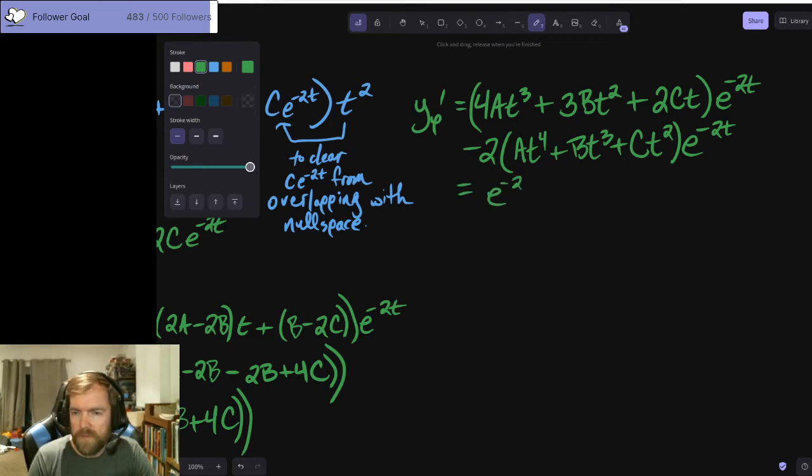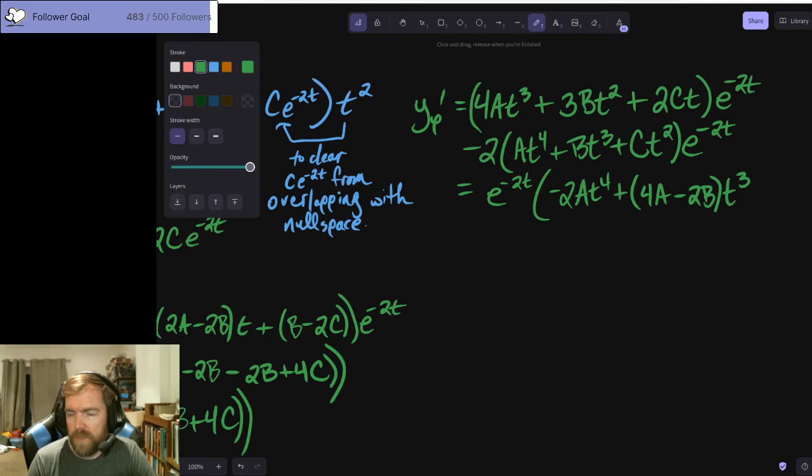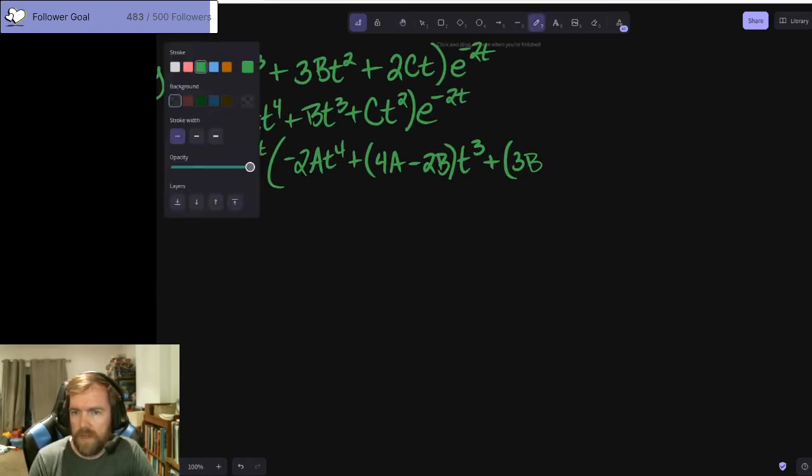So that's going to be e to the negative 2t times the following. We've got a negative 2a t to the fourth plus parentheses 4a minus 2b t cubed plus 3b minus 2c t squared.